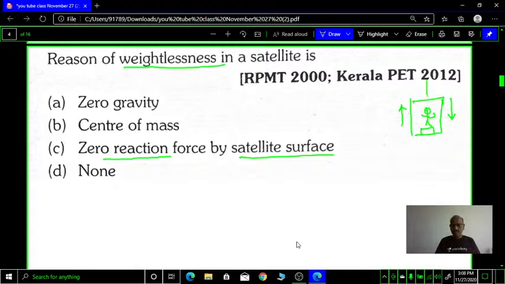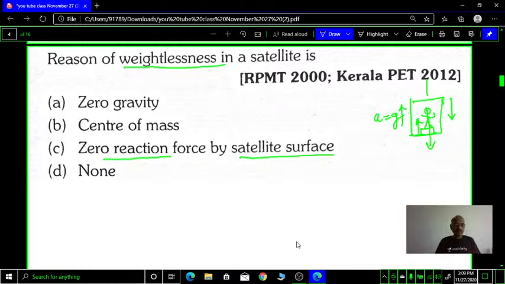But when the lift is moving freely, when acceleration is equal to acceleration due to gravity, you will feel weightlessness even though you are standing on the weighing machine. Here, the total weight is acting vertically downward. The surface exerts the reaction force. Weightlessness means zero reaction force by the satellite surface.